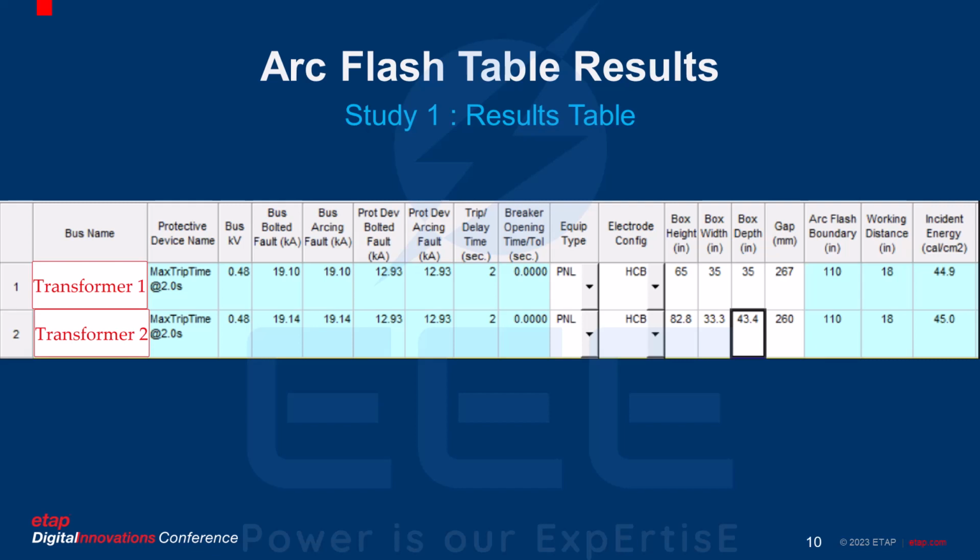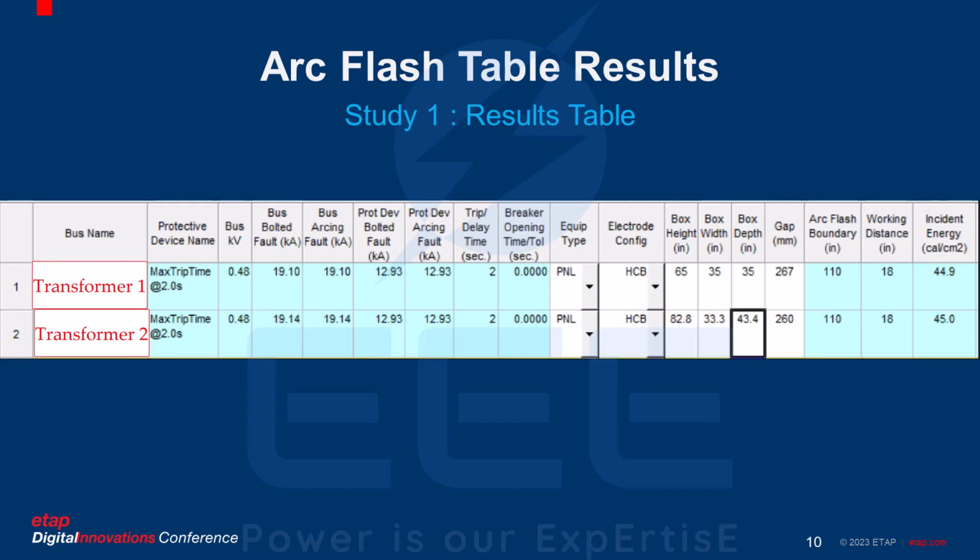This table shows me everything I need to populate the data on ETAP Arc Flash Calculator and see if the result from their study will match the result on ETAP Arc Flash Calculator. Result means incident energy and arc flash boundary. Let's do it.